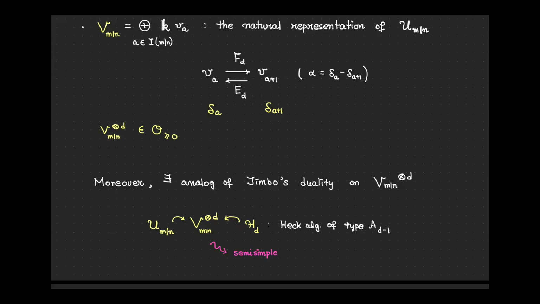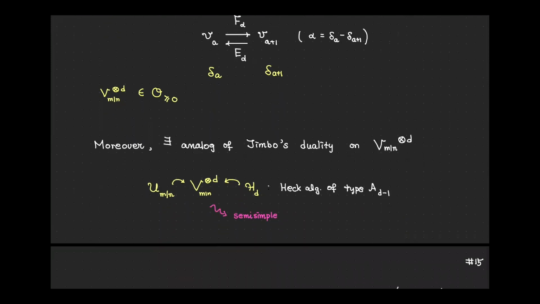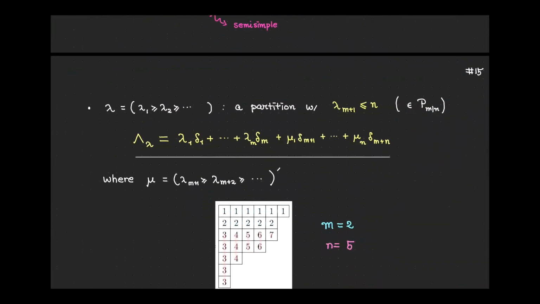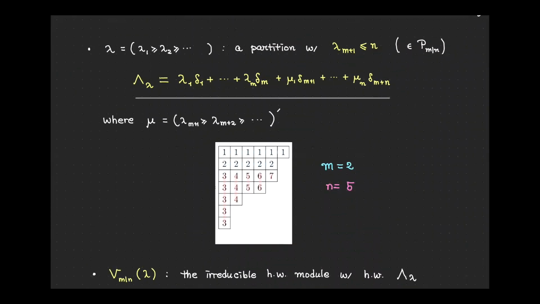So it is a semisimple U_q(gl(m|n))-module, and we are interested in the irreducible representations appearing here. Of course, it is a highest weight module, so we need to characterize its highest weight. Actually, it can be combinatorially described.